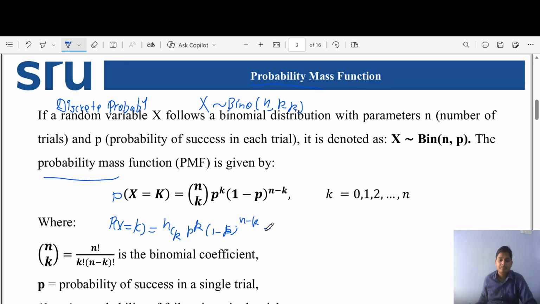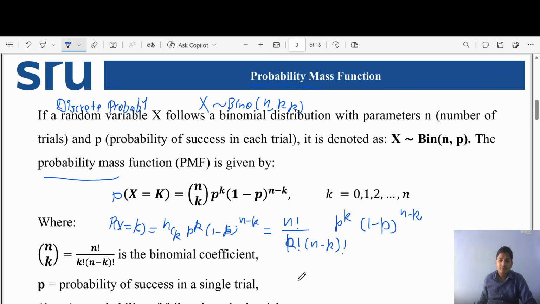Here nCk means n factorial over k factorial times n minus k factorial. And p to the power k, and 1 minus p to the power n minus k.